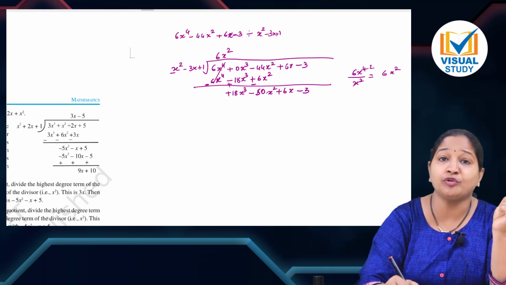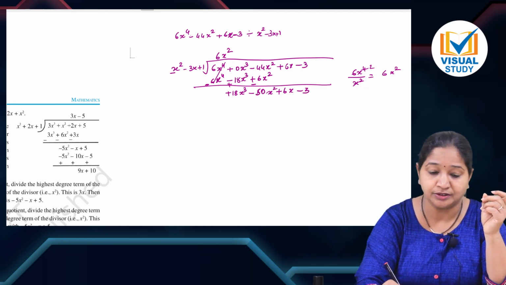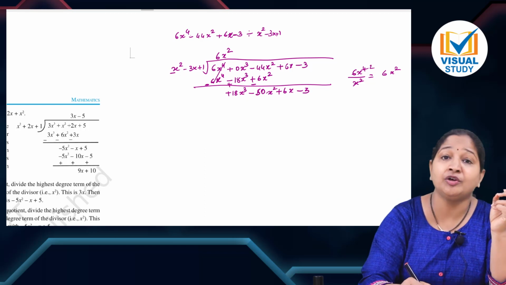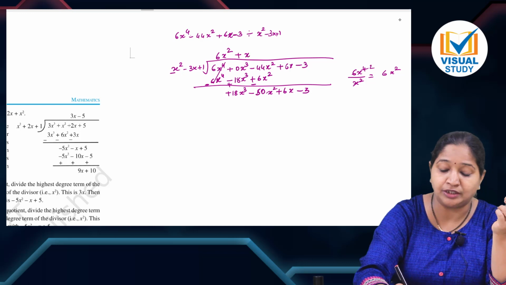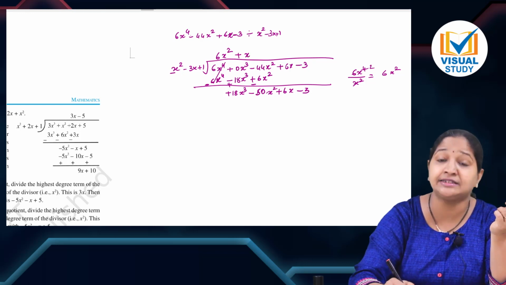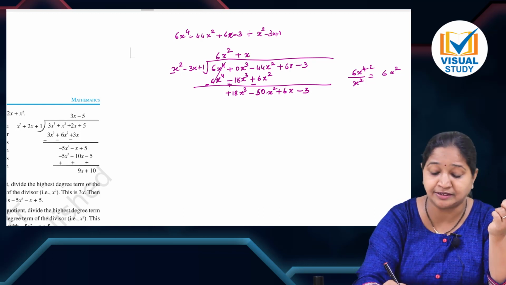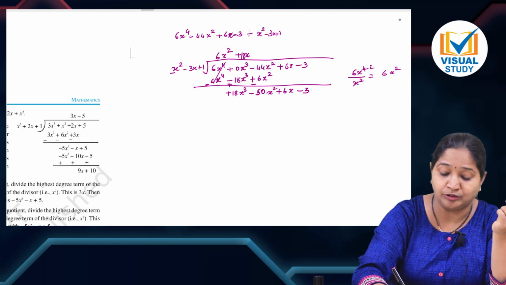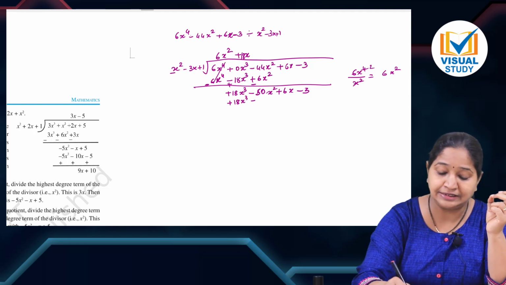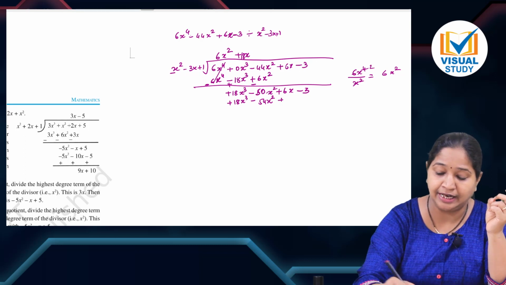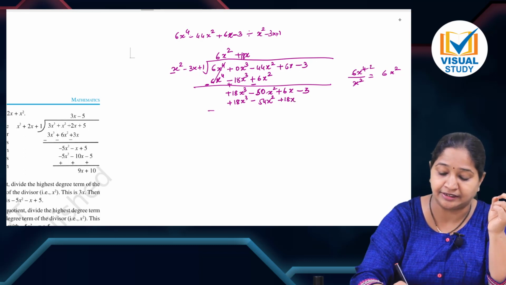Now what you want is 18x cube. Now you have here only x square, so you can multiply it by only x. x into x square is x cube, and you have 18, so you have to multiply it by 18. You get 54x square plus 18x.